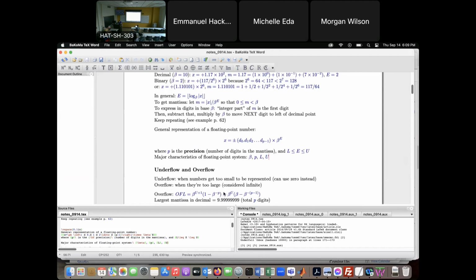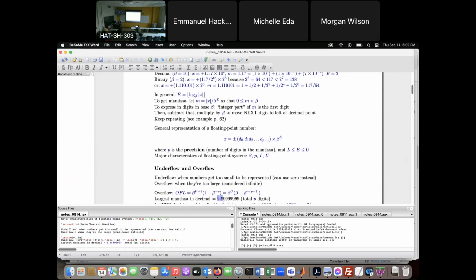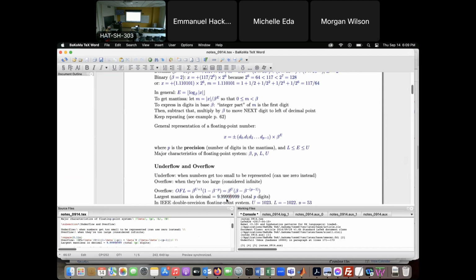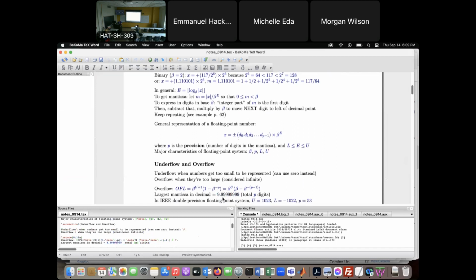But to explain what this expression means, if I were to do this in decimal, base 10, that would be like having 9.9999 to however many digits p that you're allowed to have. So if this was a decimal system, okay, sorry, that's the largest mantissa.